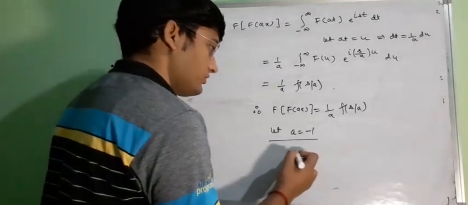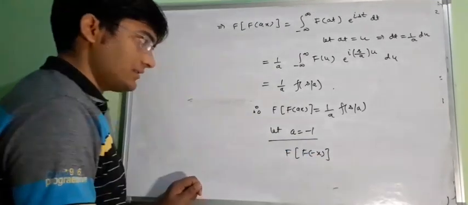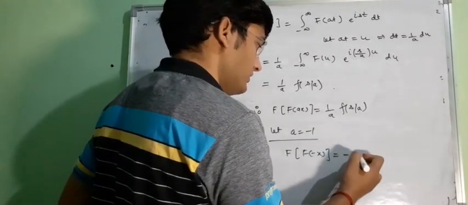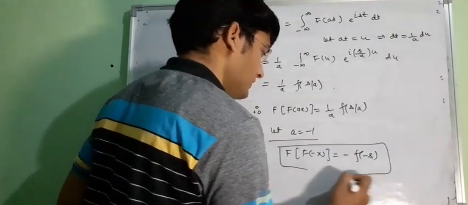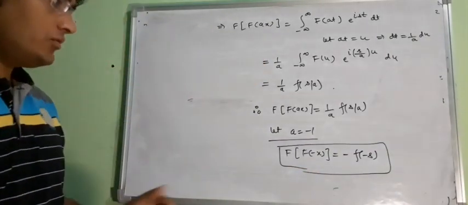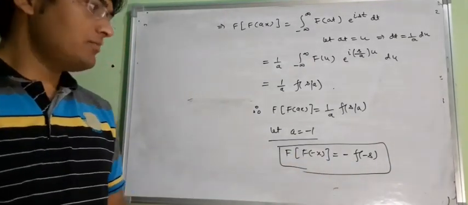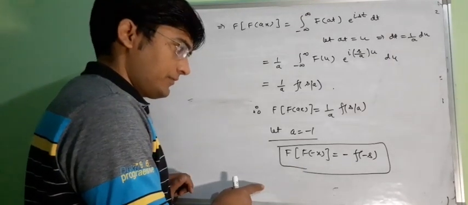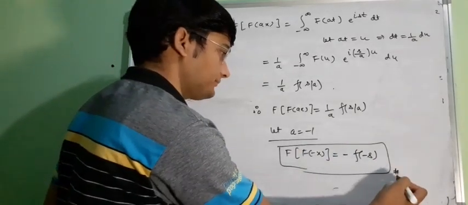Let a equal to minus 1, then we will get the Fourier transformation of f(minus x) is equal to, as a is minus 1, F(minus s). Okay, this is your formula.